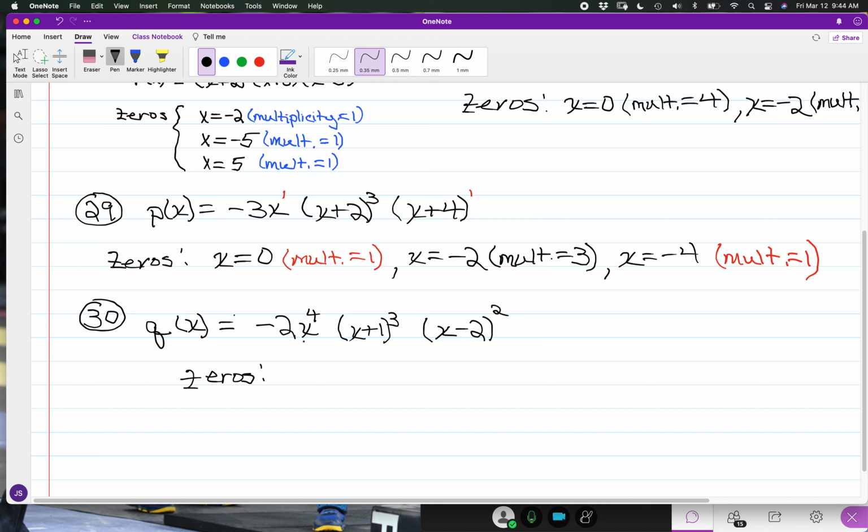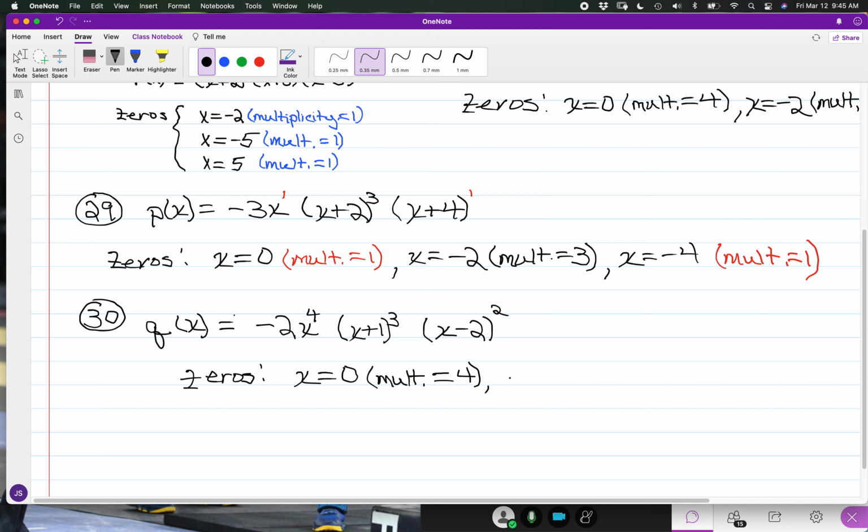With our variable factors, we have x, x plus 1, and x minus 2. So we have the first of the zeros: x is equal to 0, and with x to the fourth power, the multiplicity is equal to 4.